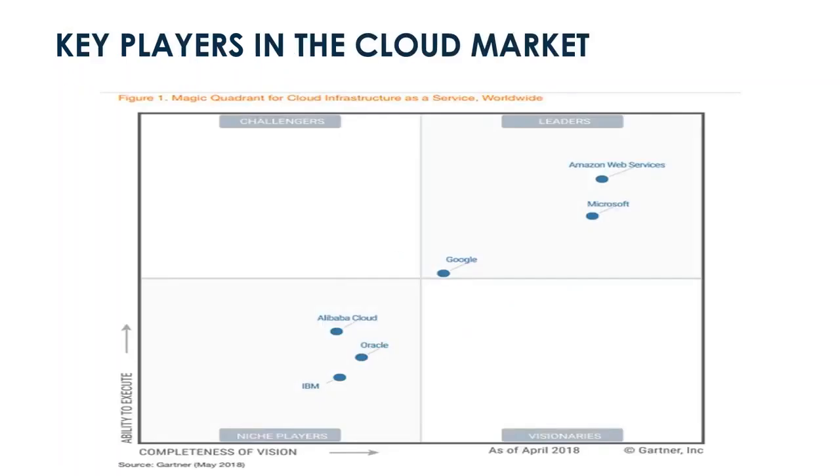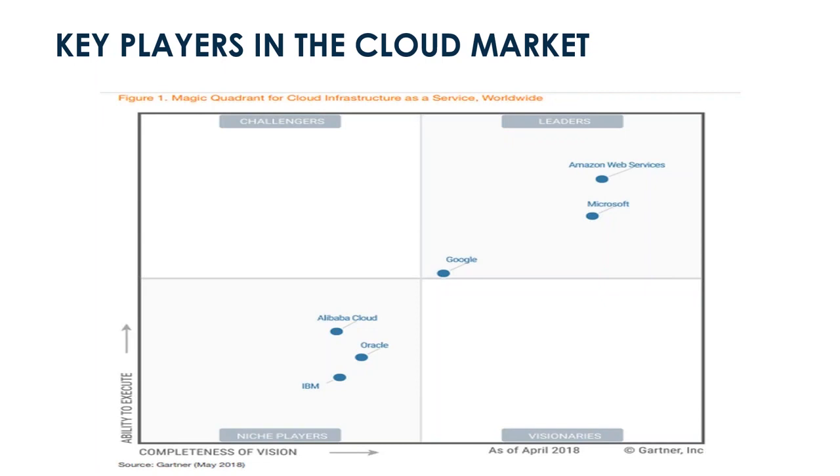Moving on, just a quick spiel on who the key players are in the cloud market. I don't want to spend too much time here, but obviously the three big players in the leader section are AWS, Microsoft Azure, and Google GCP. Other than that, in the lower left quadrant, we have Alibaba, Oracle, and IBM as well.